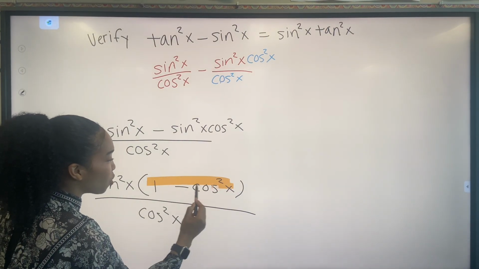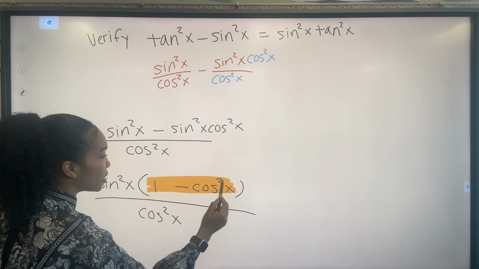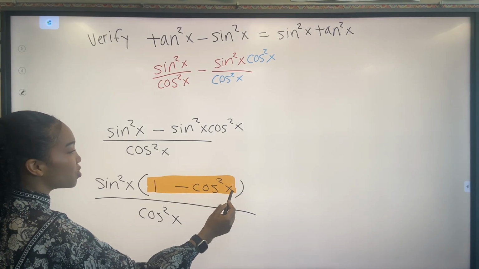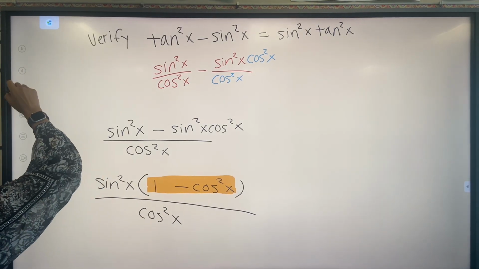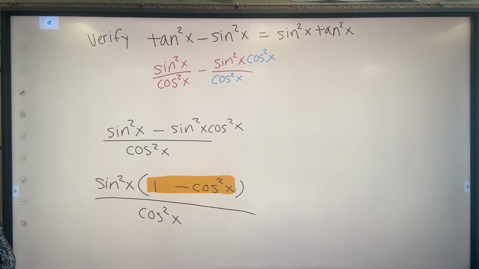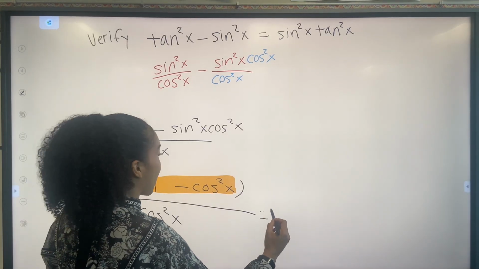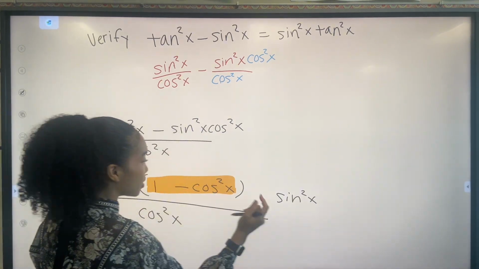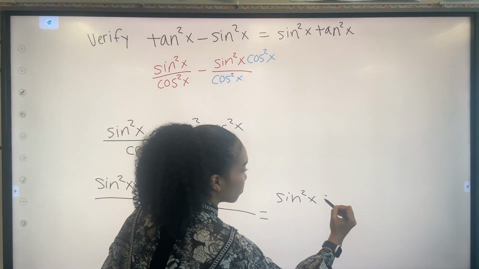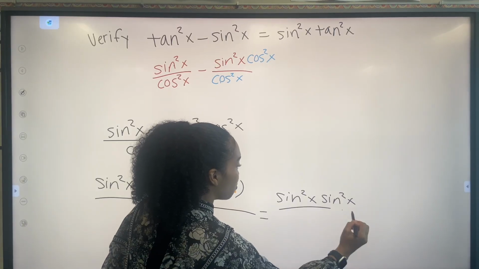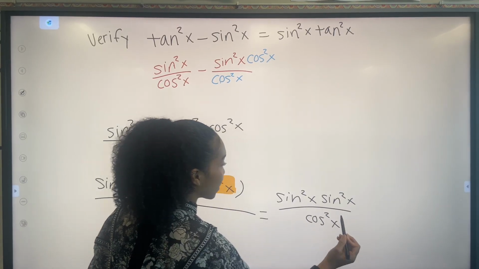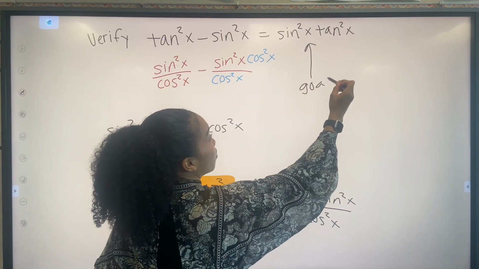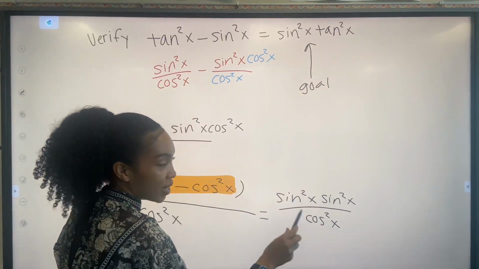So guys, look at your formula sheet. Look under Pythagorean identities. What can what I'm highlighting be replaced with? Sine squared. Yep, this is the same thing as sine squared. So I have sine squared times sine squared over cosine squared x. Guys, we're almost at our goal. We're almost here. Do you guys recognize something?